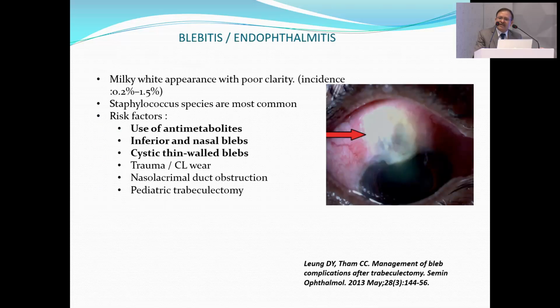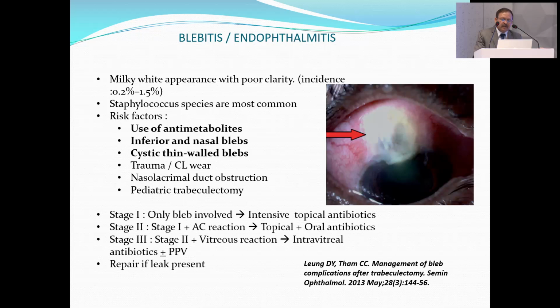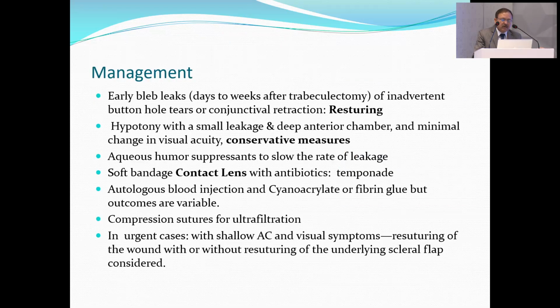Rarely you may get infection in the early post-operative period, so you can manage it depending upon the stage, whether it is blebitis, blebitis with anterior chamber infection, or endophthalmitis. Management of early bleb leaks from inadvertent buttonholing, tears or conjunctival retraction: they need suturing.